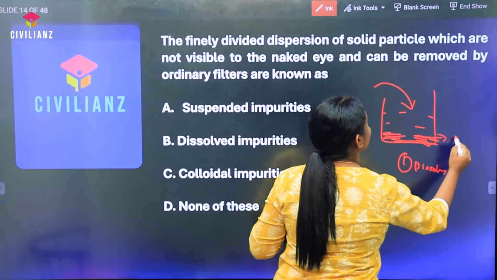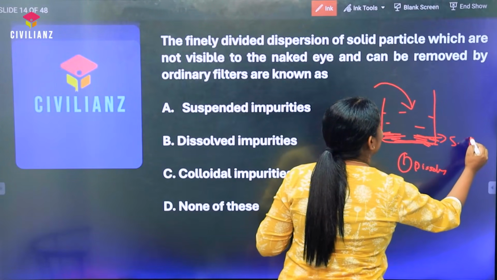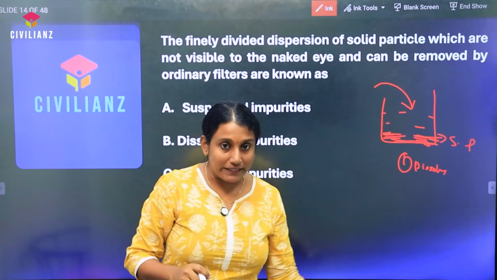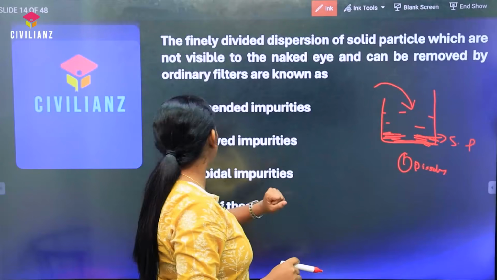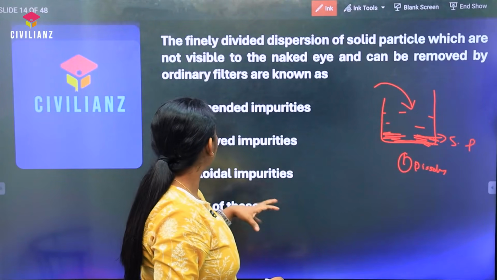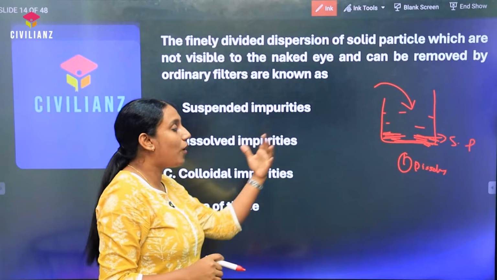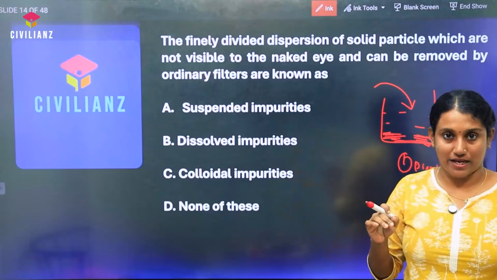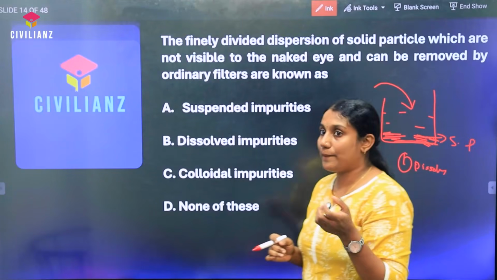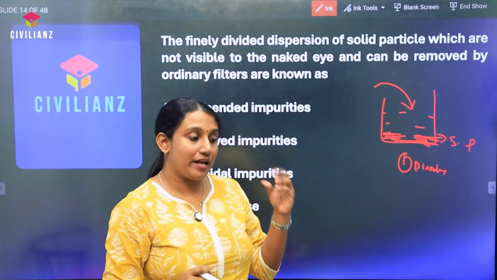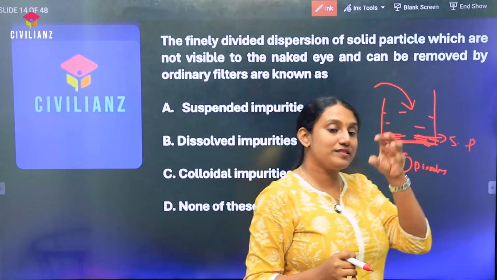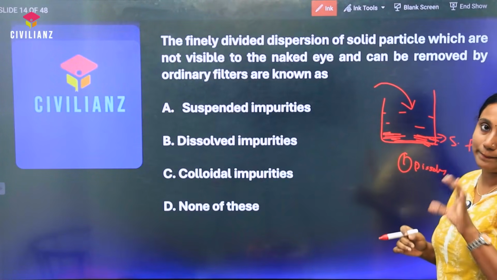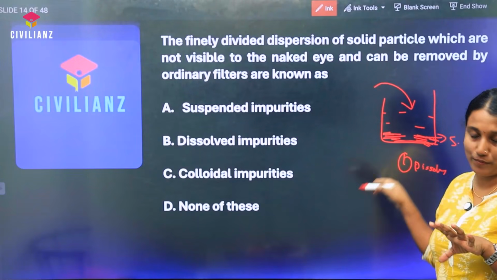That is the suspended particle, and the other amount of particle is dissolved or colloidal in this water. The colloidal impurities we cannot see with our naked eye, for example milk, or rice water. This water includes very finely divided solid particles. That is the colloidal impurities.